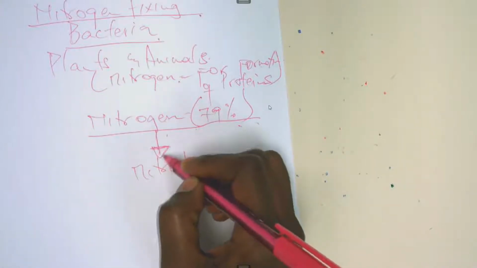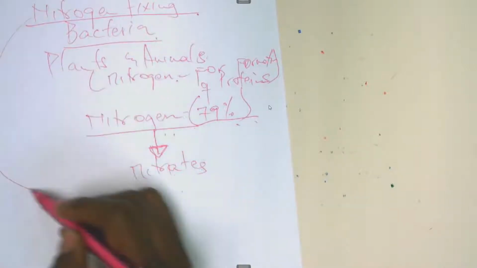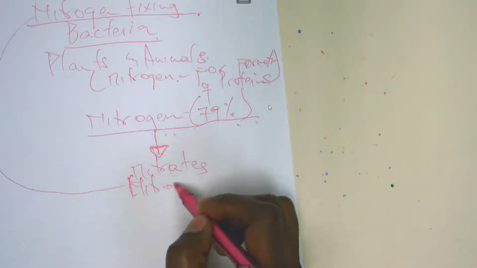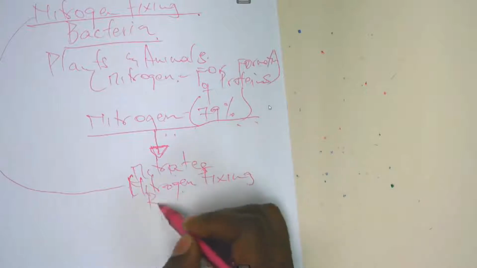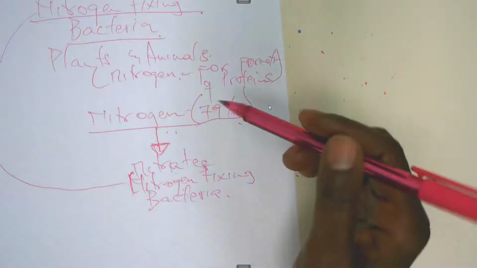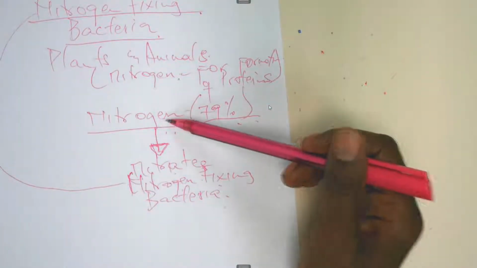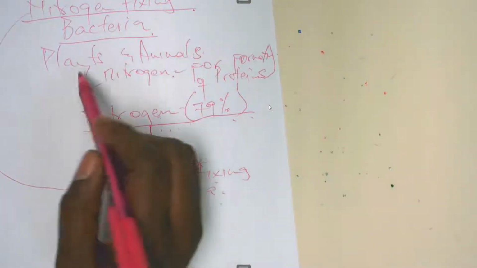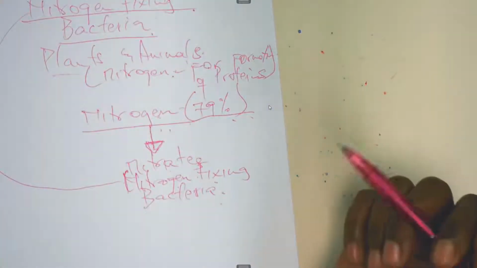Who will convert this nitrogen into nitrates? It is the bacteria called the nitrogen fixing bacteria. Nitrogen fixing bacteria will fix or convert nitrogen from the atmosphere into nitrates, because plants and animals are unable to absorb nitrogen directly from the atmosphere.